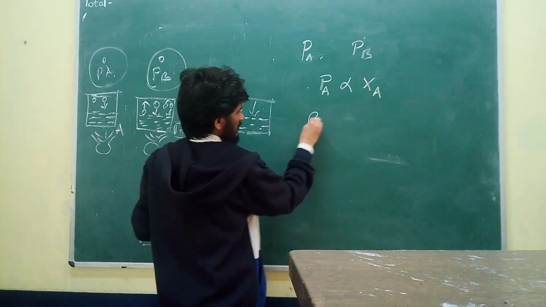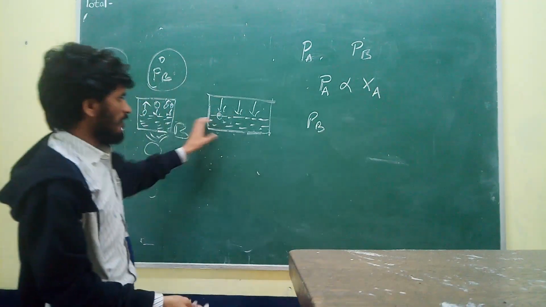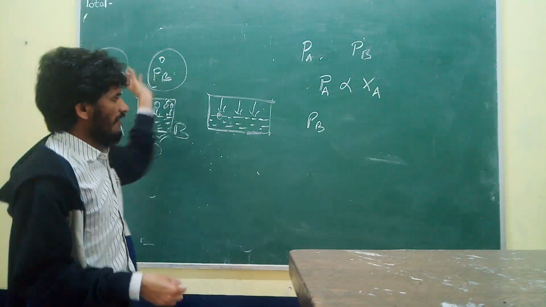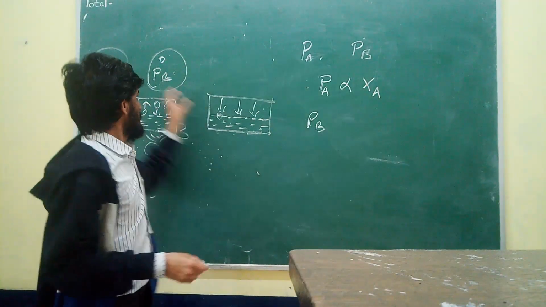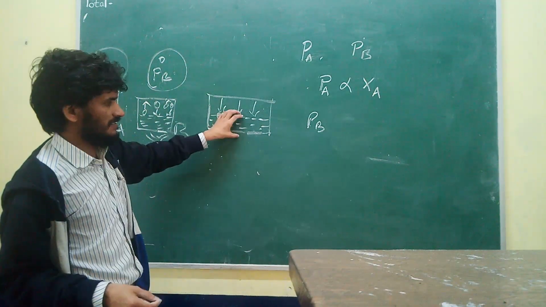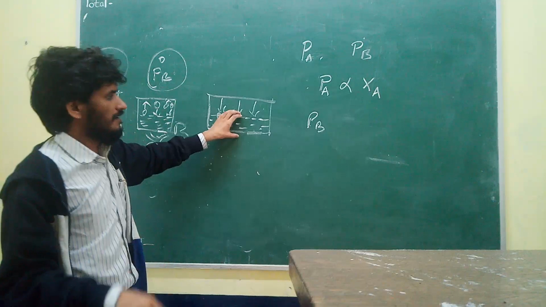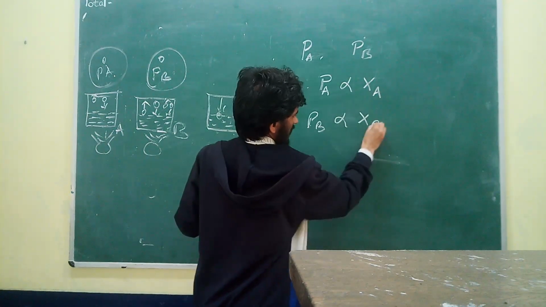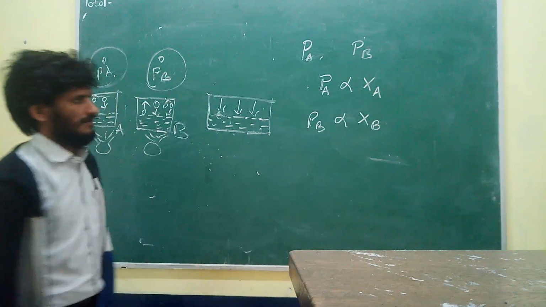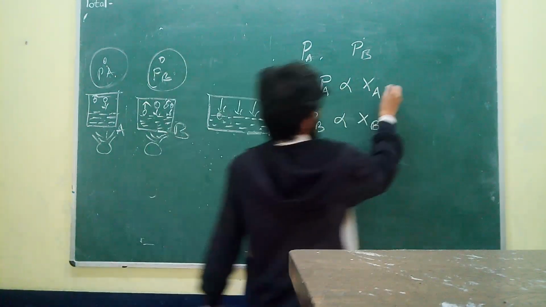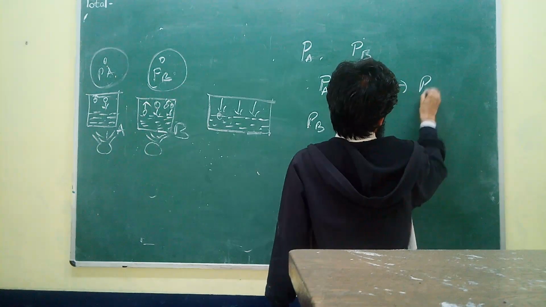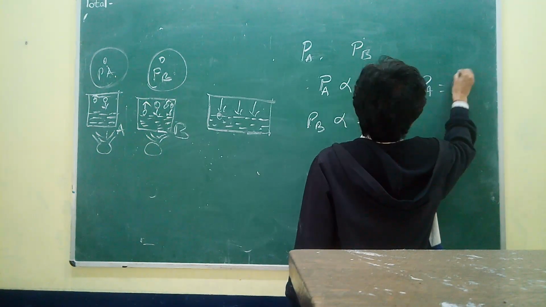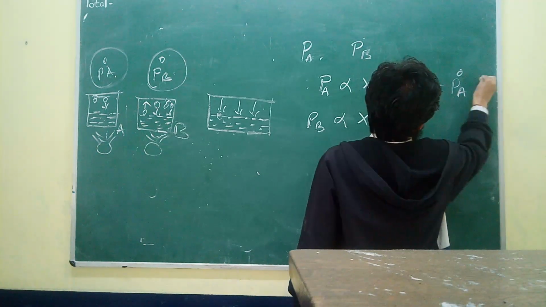PB means the vapor pressure of the B component after mixing into the solution; the pure one is P naught B, and when we mix, it becomes PB. PB is directly proportional to the mole fraction of the B component. To remove this proportionality, PA is equal to the constant, which is nothing but P naught A, into XA.